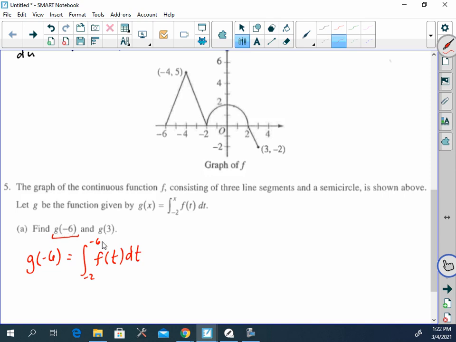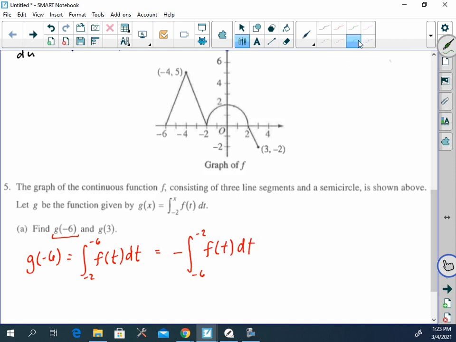But negative 6 is smaller than negative 2, so I'm going to flip my integral, and when you flip your integral, you change the sign. It's positive right now, so we're going to change it to a negative.